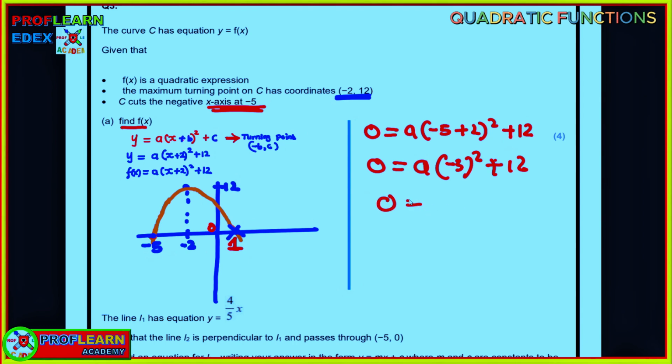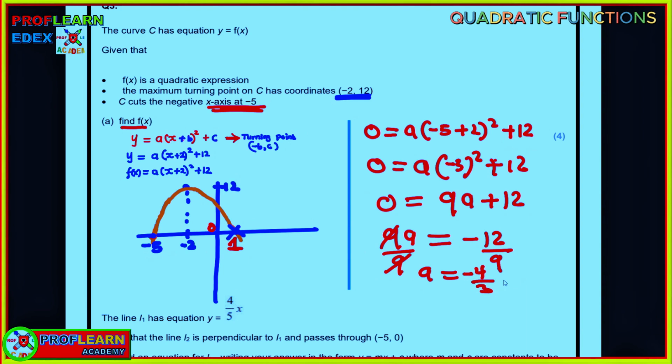0 is equal to 9a plus 12. So 9a is equal to -12. Divide by 9 on both sides, and our a translates to -4/3. That will mean f of x is equal to -4/3 into x plus 2 squared, then plus 12.